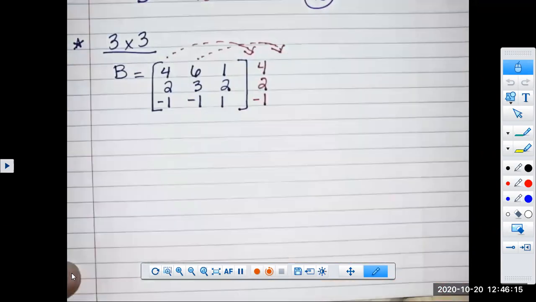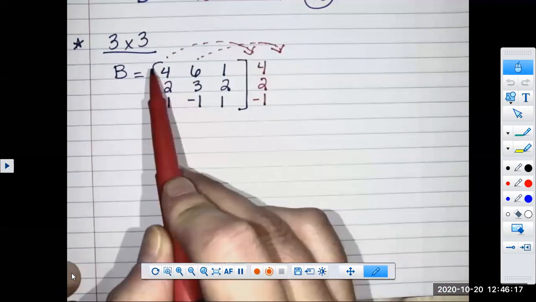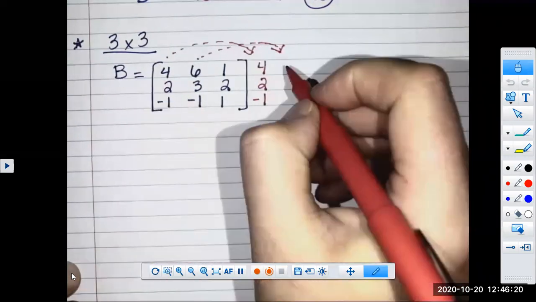First two columns, I think I said rows, but it's the first two columns, you rewrite them out to the right.